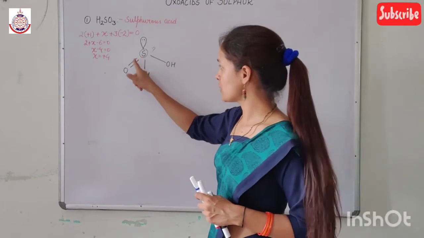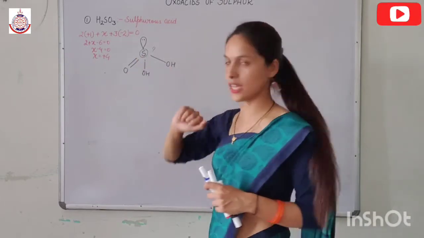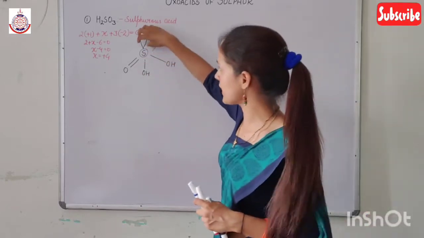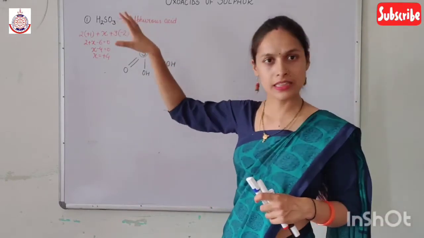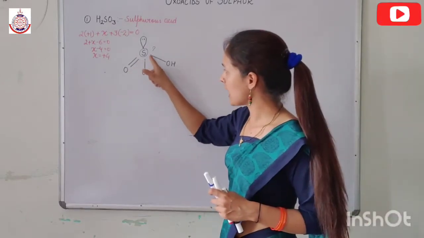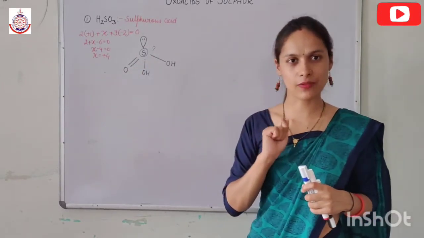Now this sulfur has shared 1, 2, 3, 4 electrons. This sulfur has shared 4 electrons because 2 electrons are present as a lone pair, and these two are not shared by the sulfur.